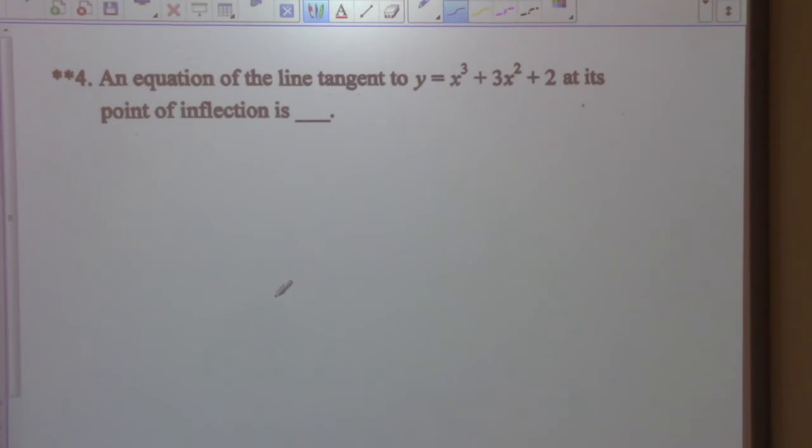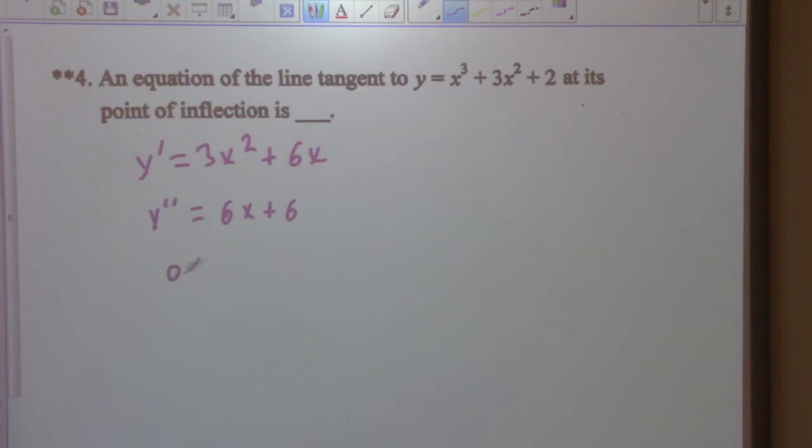Okay, class, what I'm gonna do is work this out, and since you've all been working on this, you're in a position to correct me if I'm wrong. So what we have is y prime equals 3x squared plus 6x, and then y double prime equals 6x plus 6, is that right?